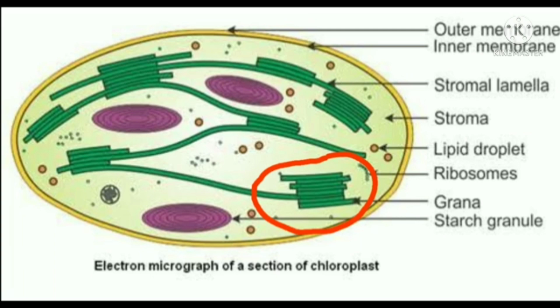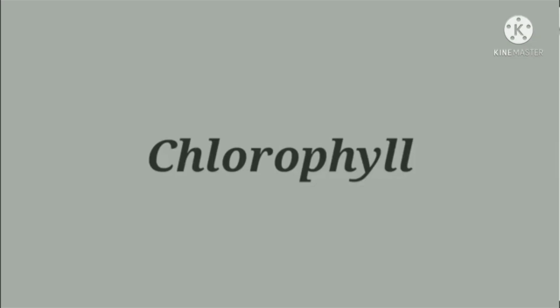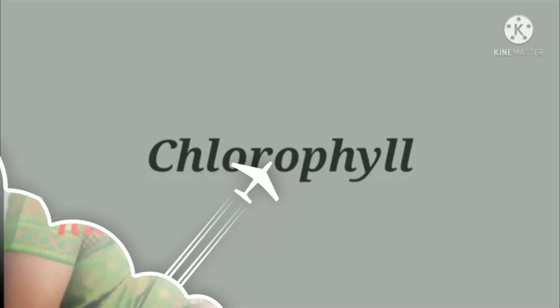In each granum thylakoid, a coloring pigment called chlorophyll is present. This chlorophyll is capable of catching sunlight to perform photosynthesis.